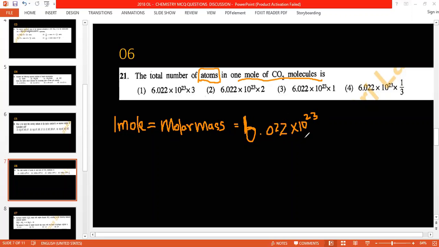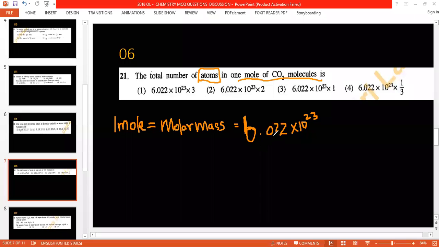You should remember this concept, the connection between 1 mole, molar mass and 6.022 × 10^23.